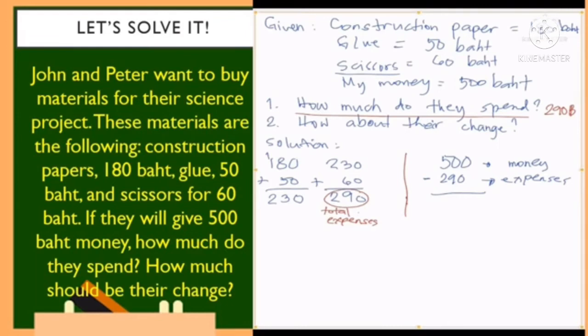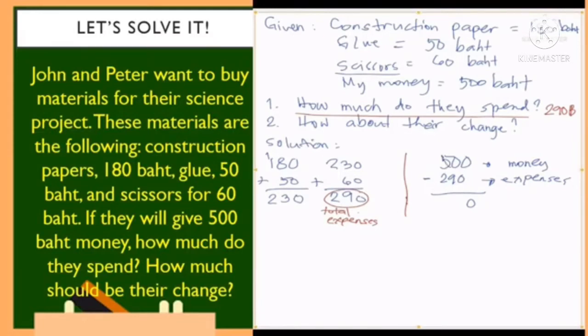What is 0 minus 0? Yes, that's also 0. How about 0 minus 9? Can or cannot? Cannot. So what we are going to do? We need to, what is the right word? Borrow. Very good.